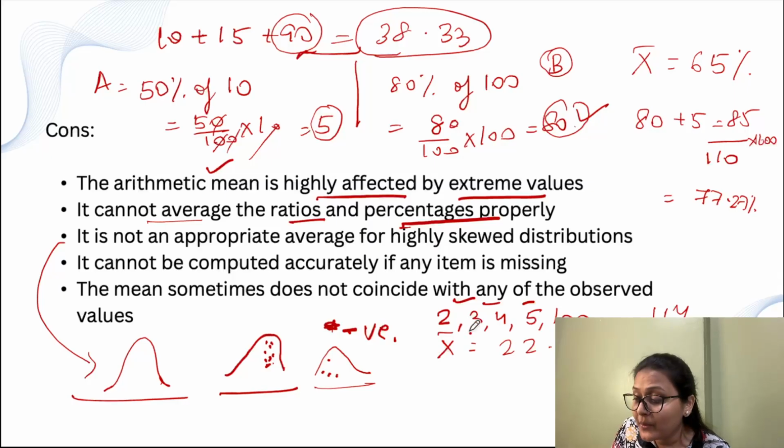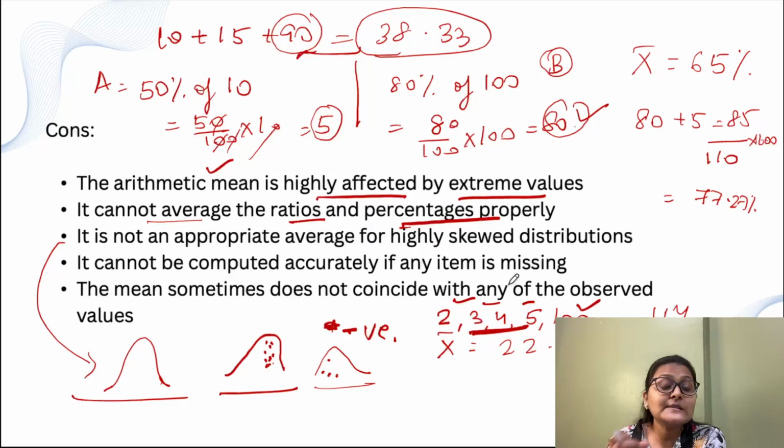Because 22.8 is closer to 2, 3, 4 and 5, and it even shows that 4 out of 5 students have scored less than 6 or 7 marks, and only one person has got 100 marks. So it is not a better representation. So it is not an appropriate average for highly skewed sort of distribution.